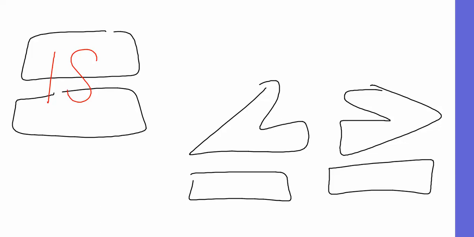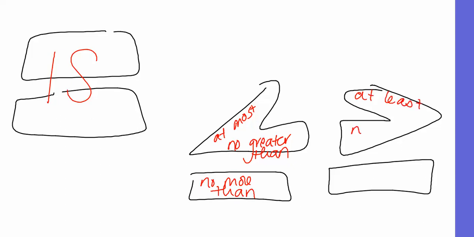Less than would be at most, no greater than, no more than. The greater than or equal to symbol would be at least, no less than. Leave it like that.